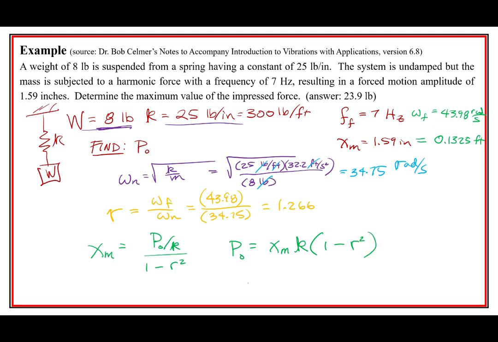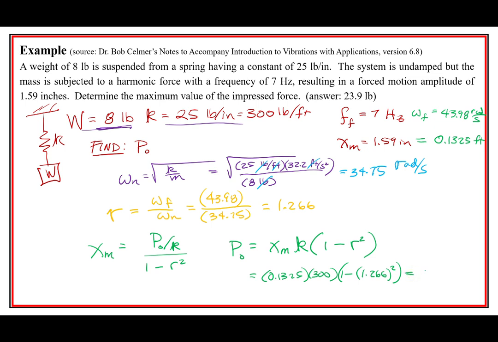So that's just going to be equal to 0.1325 times 300 times 1 minus 1.266 squared.